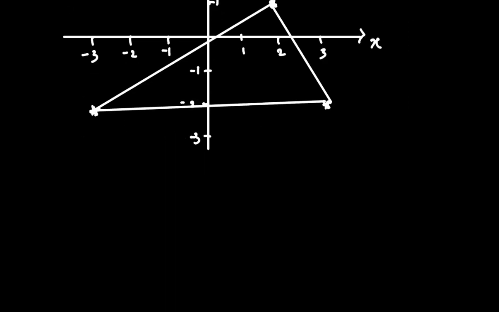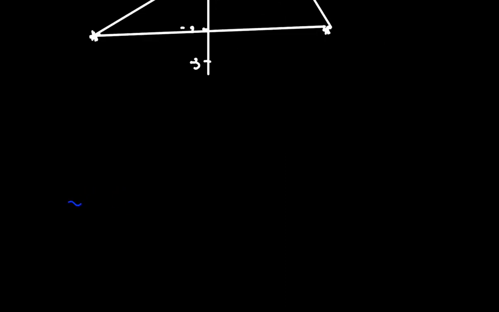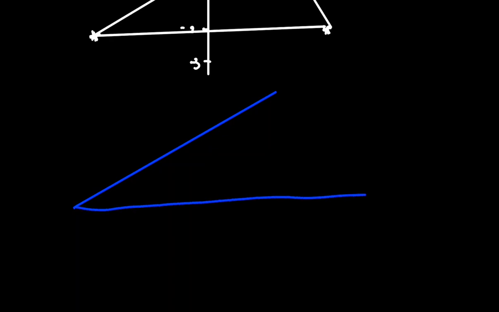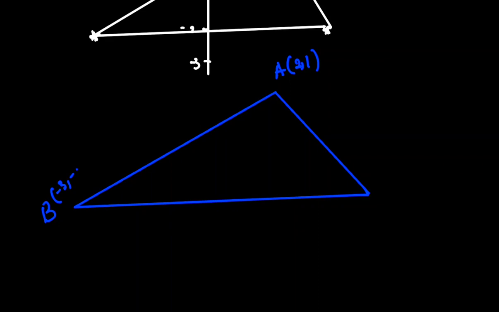I can take it down so that we have space to express ourselves well. Don't forget, here is our B and here is our A. It's (2, 1), and this is (-3, -2). And we should not forget that this place is our C, which is (3, -2). So we have it this way.